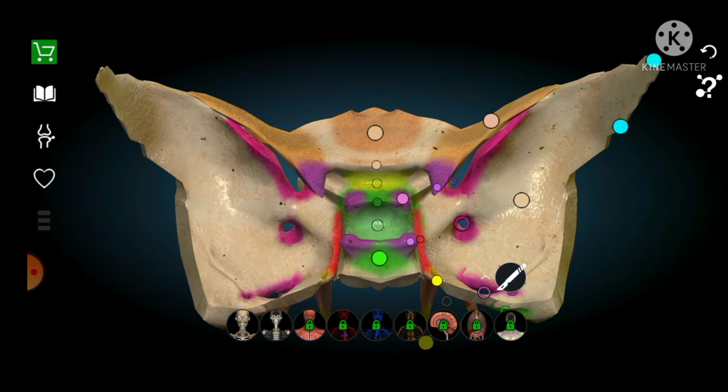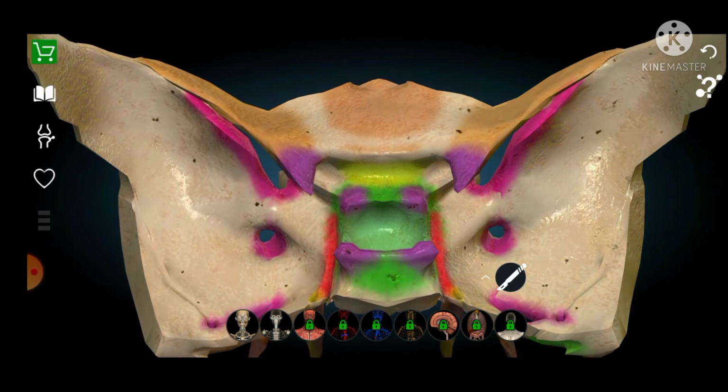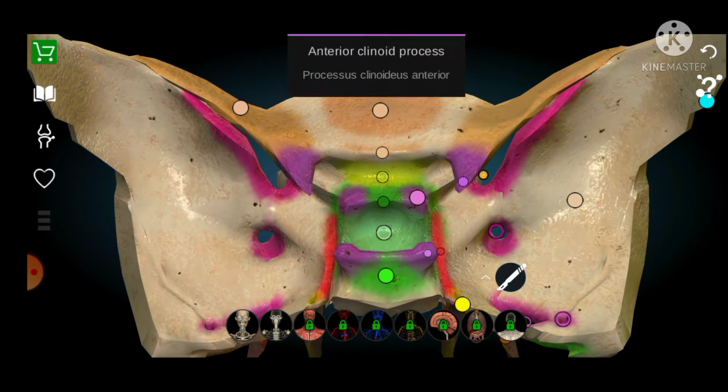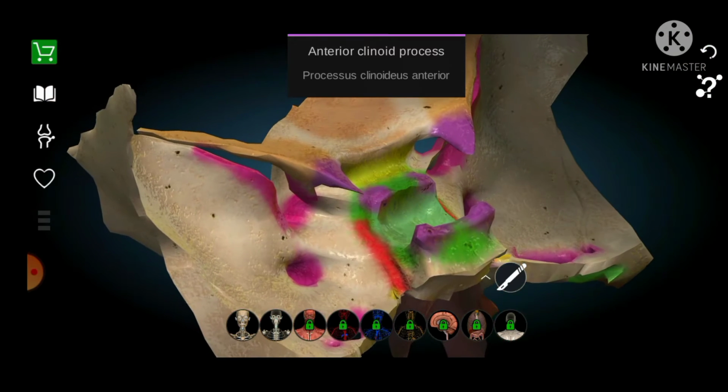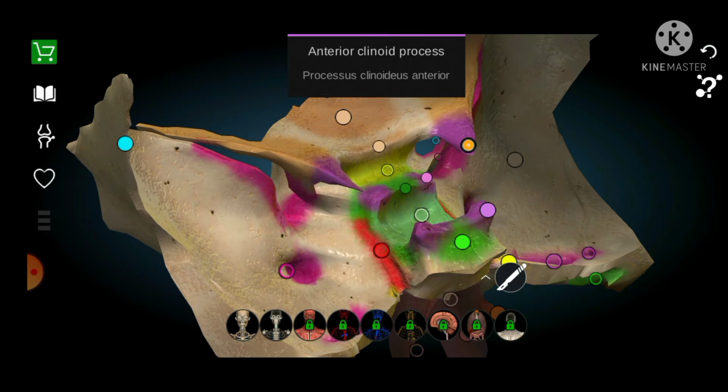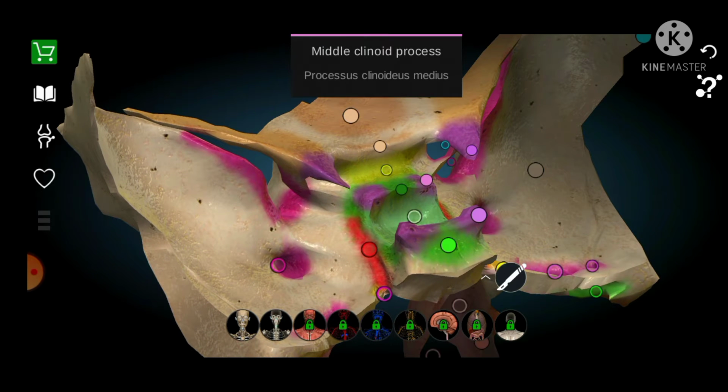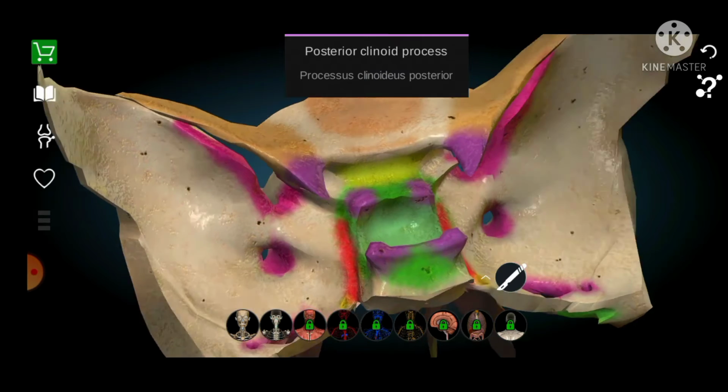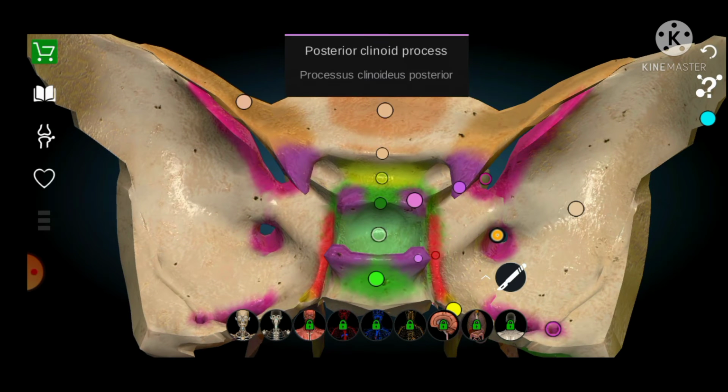Then the processes. This is the anterior clinoid process, middle clinoid process, and posterior clinoid processes.